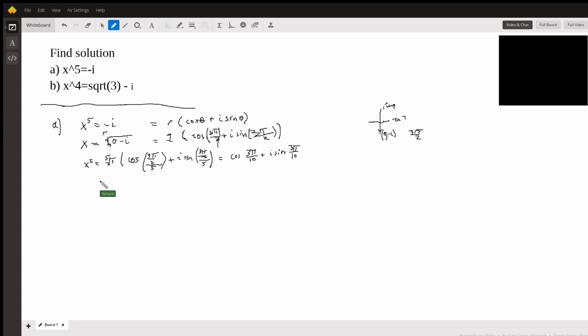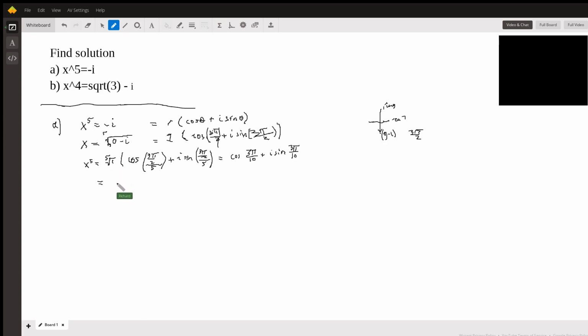The next one, we have the fifth root of 1 again, but we'll just drop that from now on. The fifth root of 1, it's always going to be a 1 out front.